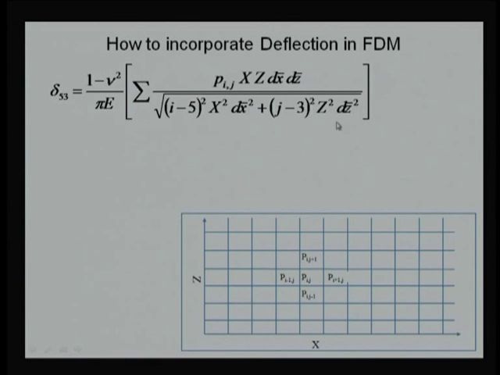Similarly, for the z side also, instead of dz, we will write dz bar into Z and a whole square of that. Similarly, here instead of dx, we are writing X into dx bar. Instead of dz, we are writing capital Z, that is the maximum value of z in z direction, into dz bar. Now, we can use a relation the way we have done in hydrodynamic lubrication.